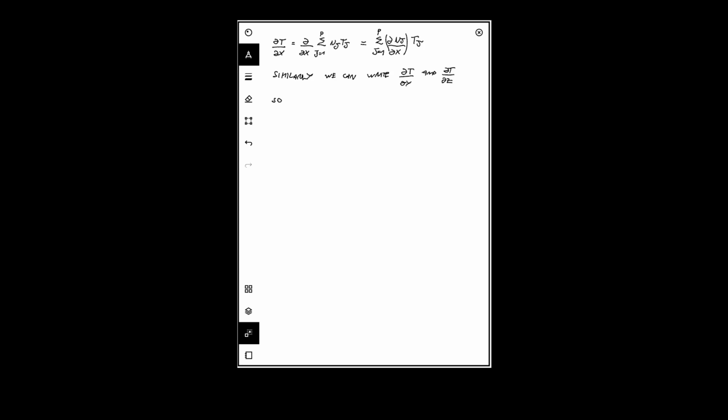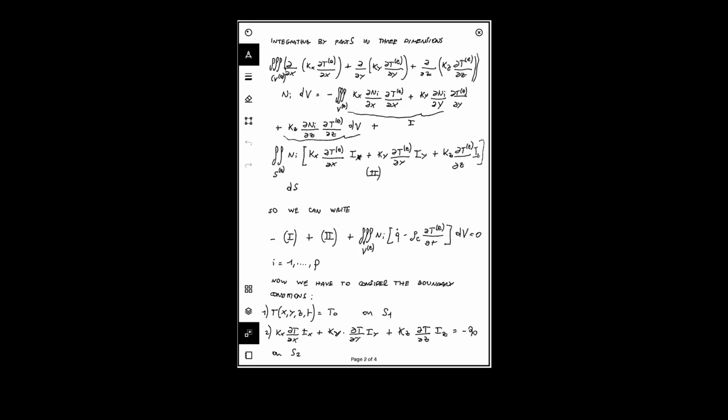So the overall integral, so we can remind which integral is.